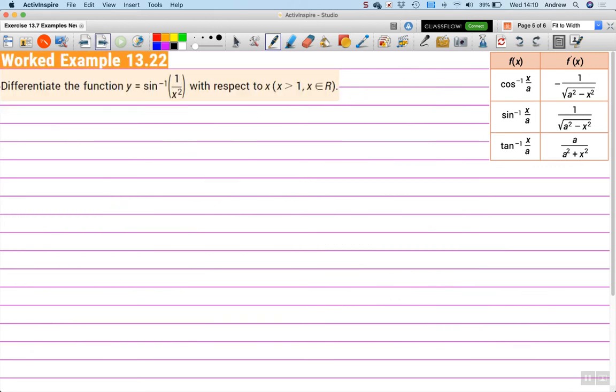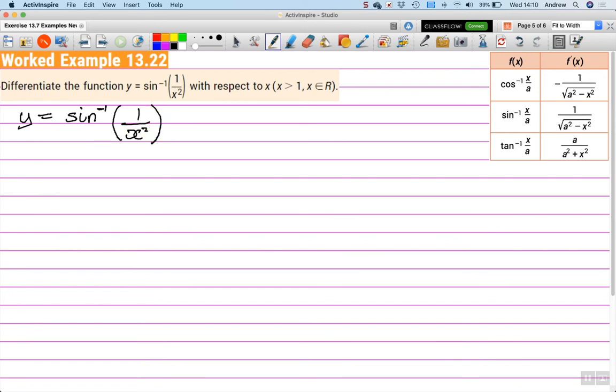We've got working out the differential of this problem. Now, this is slightly harder and a bit more thought involved. So y is equal to the sine inverse of 1 over x squared.